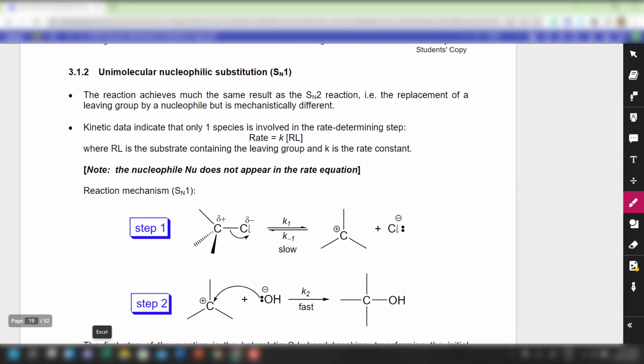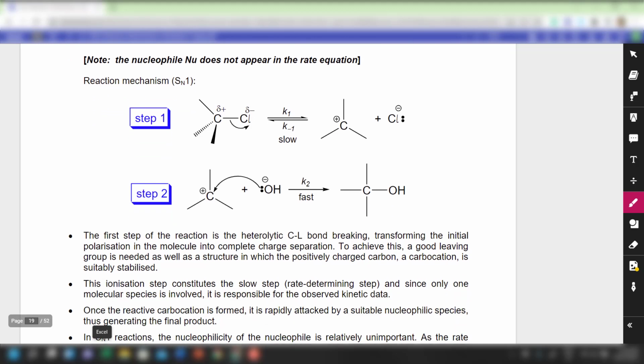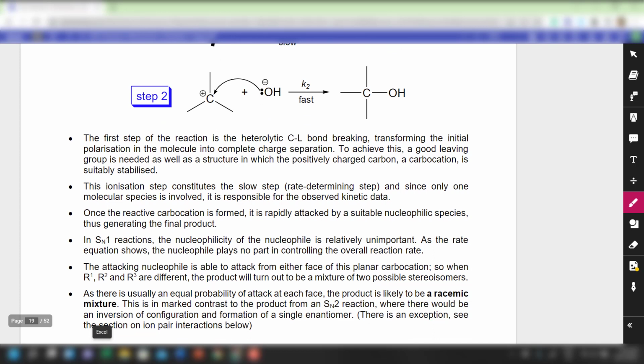Okay, unimolecular nucleophilic substitution, SN1. Similar to H2, you have a slow step, which is an equilibrium reaction between a carbocation and the substrate, and then you have a fast step involving the nucleophile directly attacking the carbocationic intermediate. So again, the details are here.